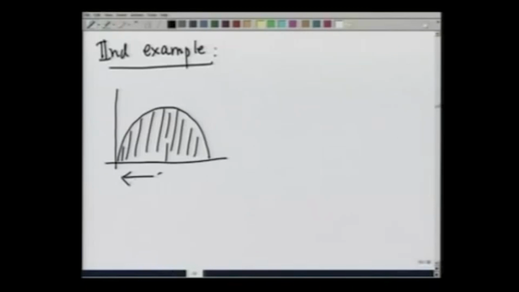So, obviously, its diameter is 2r. This is the x axis, this is the y axis, and I wish to calculate its centroid. From symmetry, you can make out that the centroid must be on this axis somewhere, but I want to explicitly calculate it to show you how to do it.